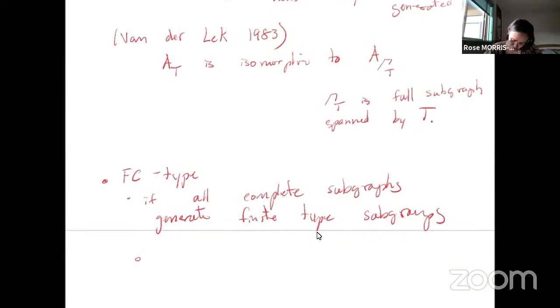Here's an equivalent definition. The FC type are amalgamated products where you can construct this amalgamated product out of finite type pieces.